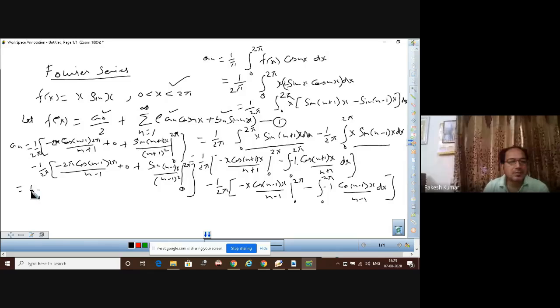Now let us solve 1 upon 2 pi. Just understand this. We have to apply de Moivre's theorem as we stated in the previous class, that cos of 2 pi comes out to be plus 1.